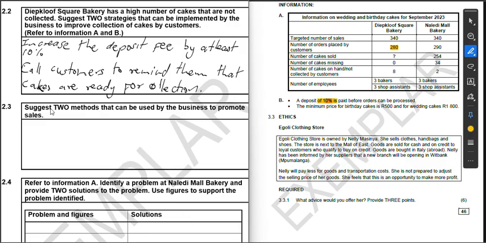Now here it says, suggest 2 methods that can be used by businesses to improve sales. So what methods can be used by the business to improve sales? It says suggest 2 methods to promote the business. Now we don't have any other information here. This is where we think outside of the box.